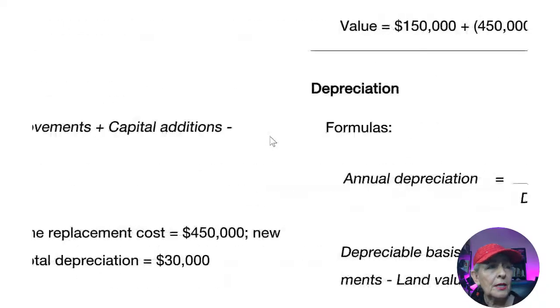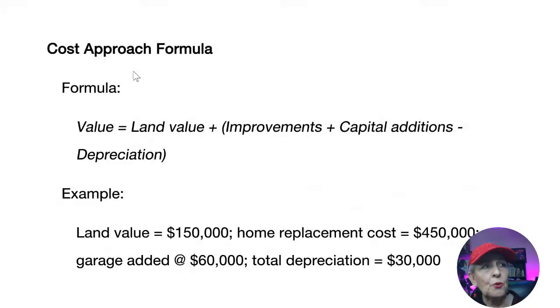Another one, okay, they're not showing it here. So the cost approach formula is used when there aren't comparables to the subject property. The appraiser is going to price the value of the land, the value of the building, and its amenities or features or accessories, right?